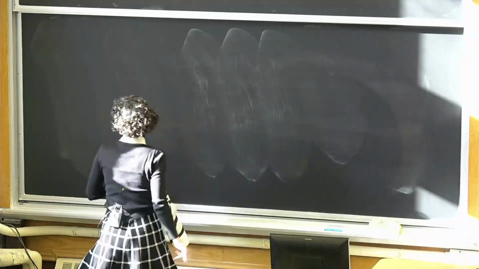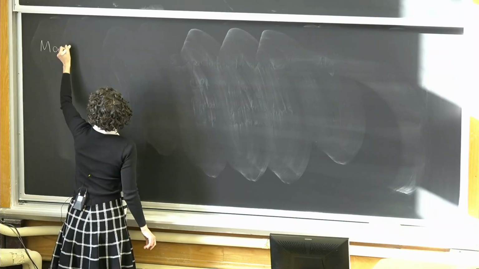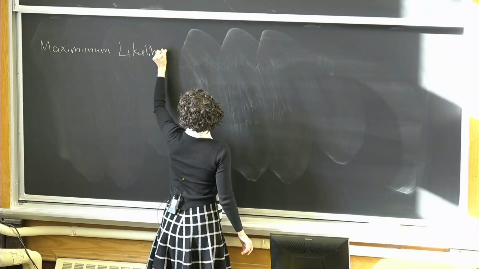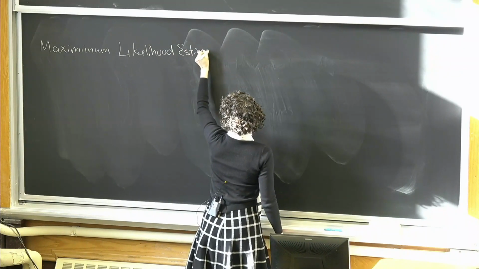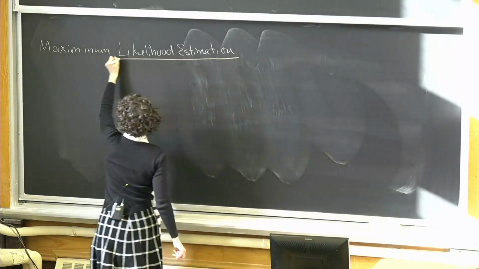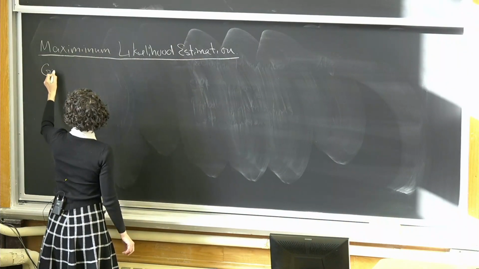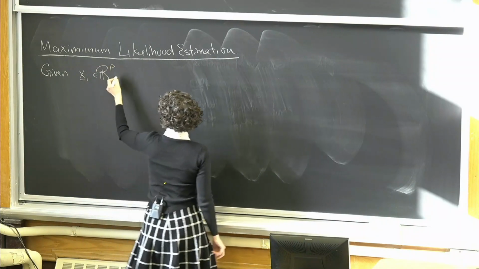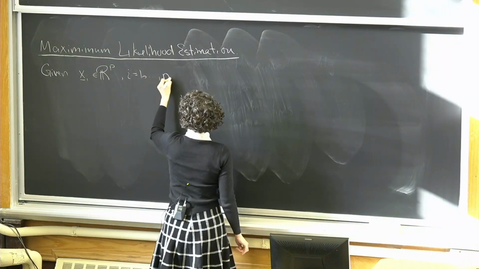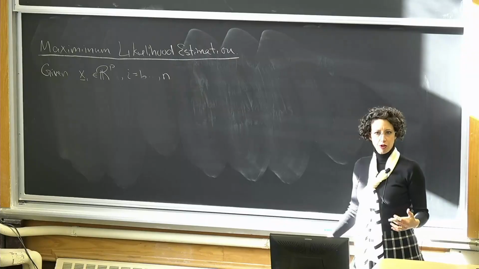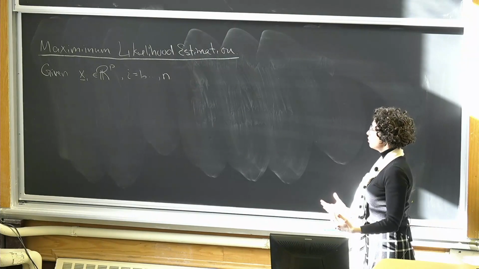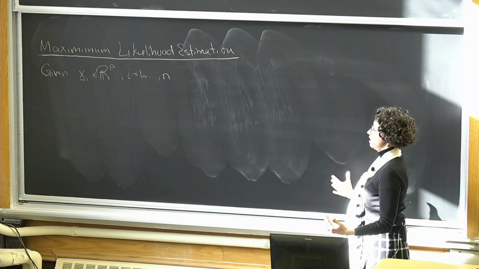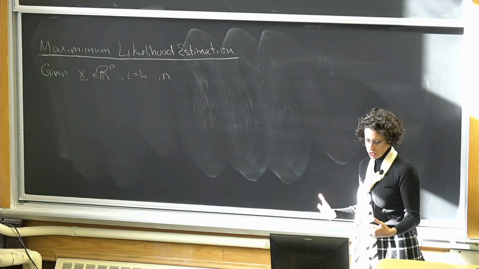But before we get to that, let's talk about maximum likelihood estimation. We are going to be given a collection of points, xi, all p-dimensional, for i equals 1 to n. And if we were to try to fit a Gaussian distribution to these samples, the Gaussian distribution that best fits this data, then how do we do that?